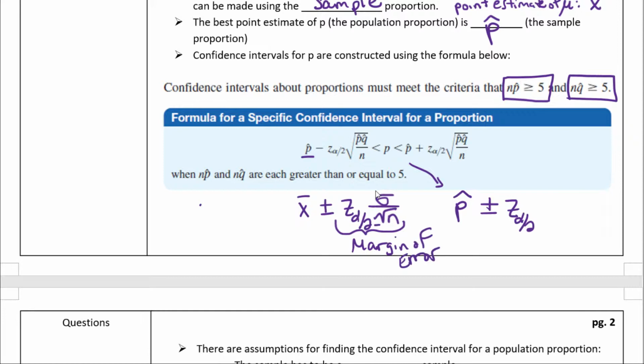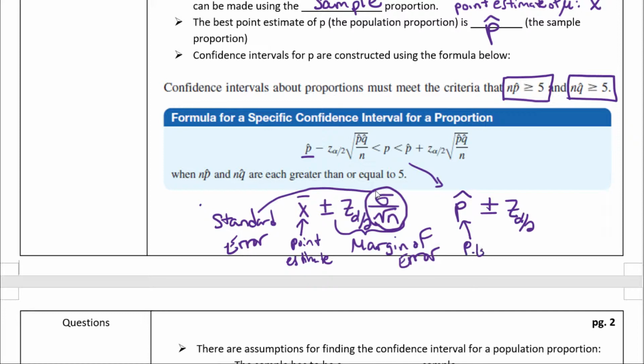Remember that this term here that I circled is called your standard error. And remember the x bar is your point estimate. So in this case, this is my point estimate, we'll just call it PE for short.